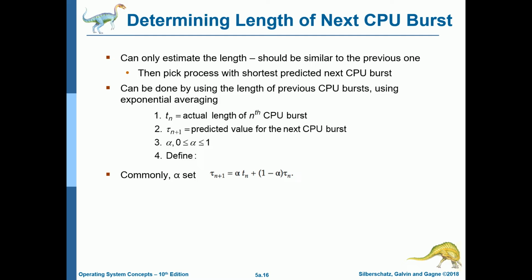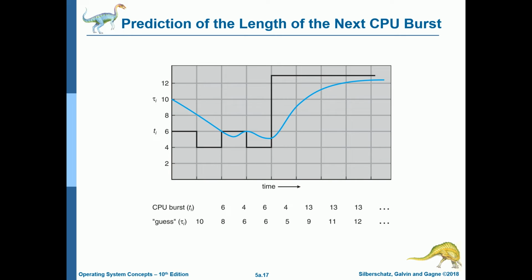Now, more commonly, alpha is defined as 1/2, so the recent history and the past history are equally weighted. The initial tau_0 can be defined as a constant or as an overall system average. Now, this image shows an exponential average where alpha is 1/2 and tau_0 is defined as 10.